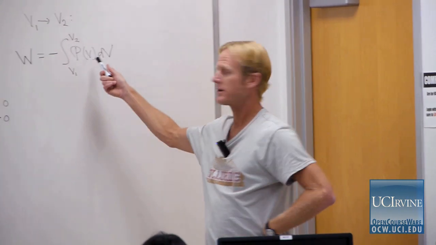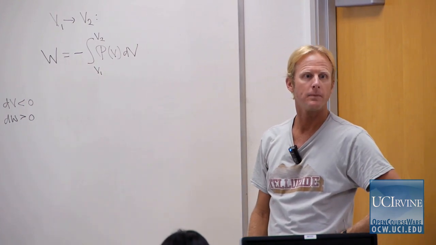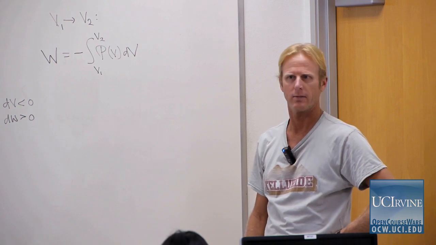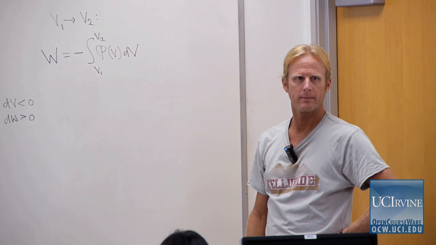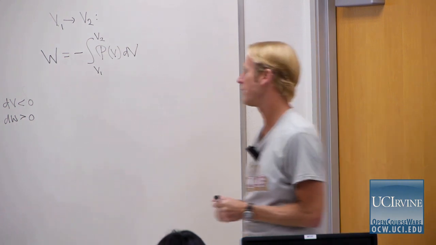So if I have some equation of state, for example, the ideal gas law, then I could calculate the work associated with changing the volume of the ideal gas. But that one's easy, so let's do a harder one. Let's do the van der Waals gas.